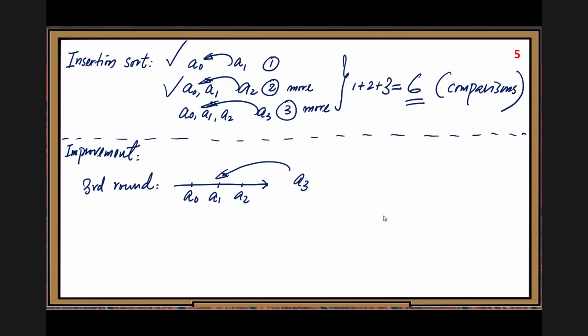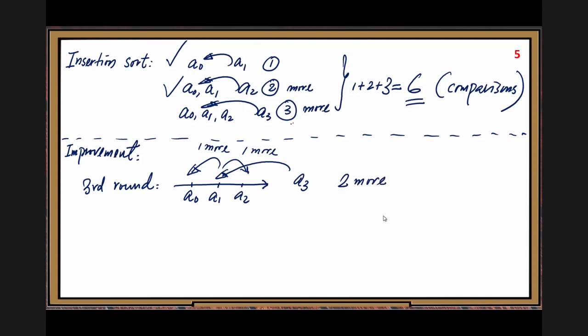Then, either greater or less than. If it's less than, one more, right? If greater than, also one more, right? Total, two more.